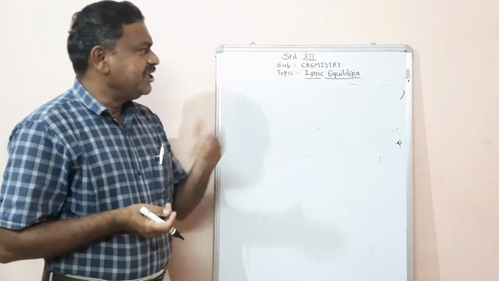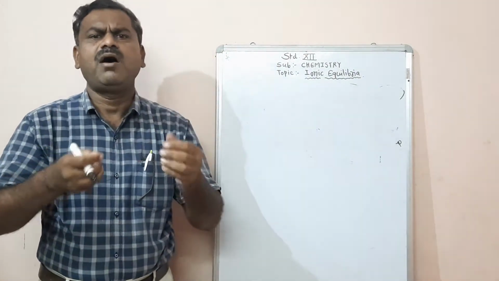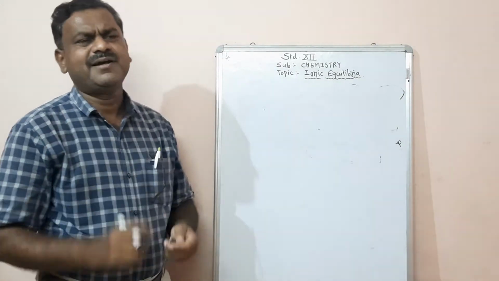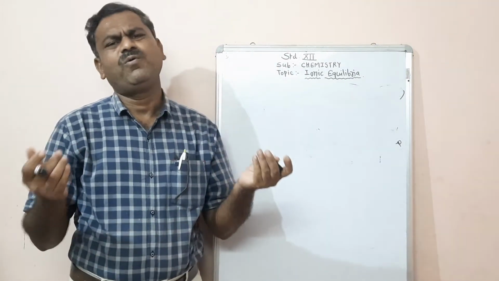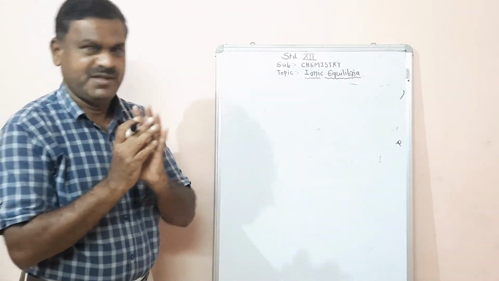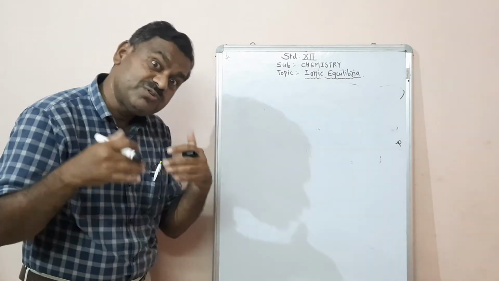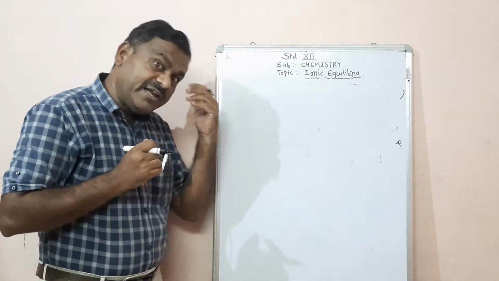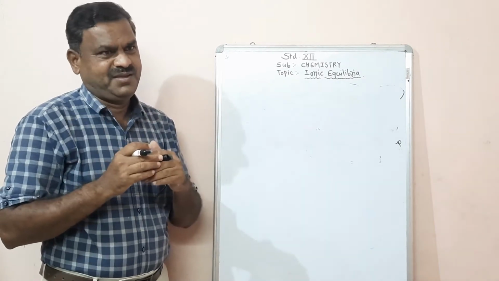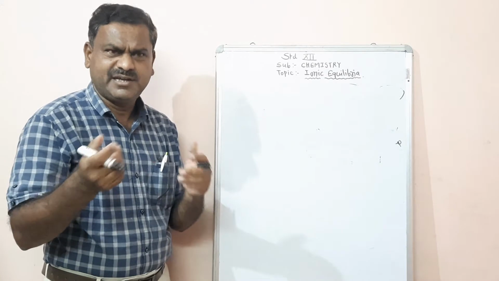Ionic equilibria contain a number of ions, Na plus, Cl minus, then H plus or OH minus, like this. That is ions. We have to study ions and unionized molecules. Then another point is the electrolyte. You should know what is meant by electrolyte. We have to study it in detail.